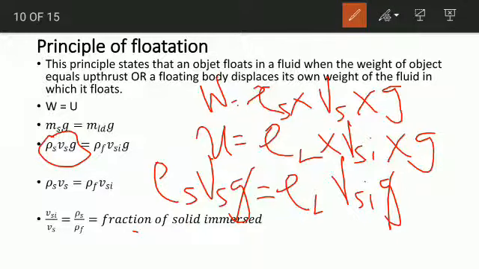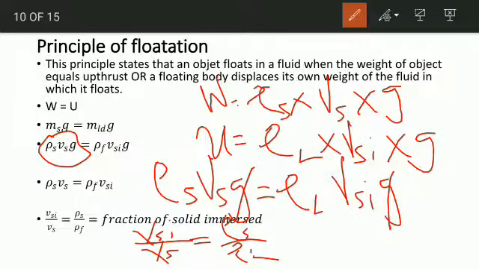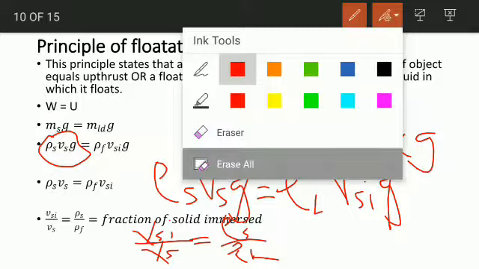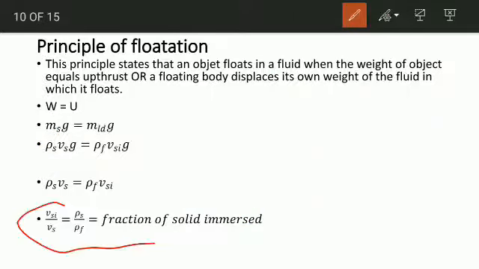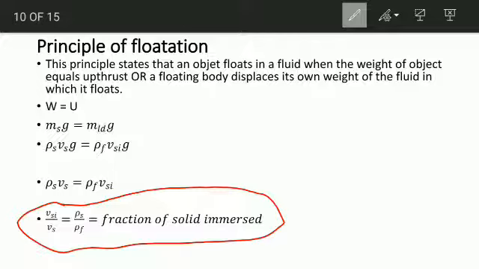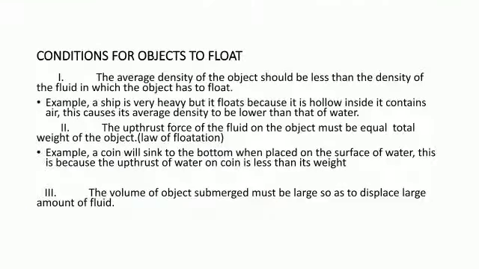From there we can also have that the volume of solid immersed over volume of solid is equal to the density of solid over the density of liquid, which is what we call the fraction of solid immersed. So if you are asked to calculate the fraction of solid that is immersed, it is simply density of solid over the density of the fluid, or the density of the liquid, as the case may be.